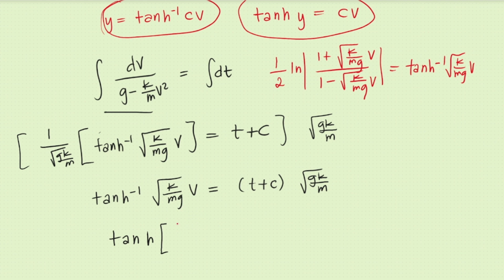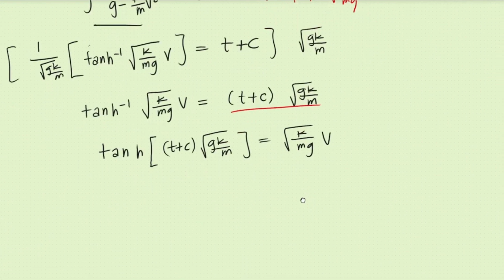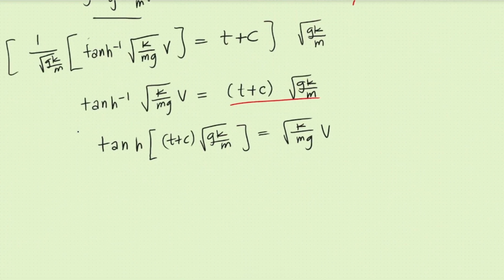We now take the hyperbolic tangent of this right-hand side expression, that's t plus c times square root of gk over m, is equal to square root of k over mg times v. And next we multiply both sides of the equation by square root of mg over k.